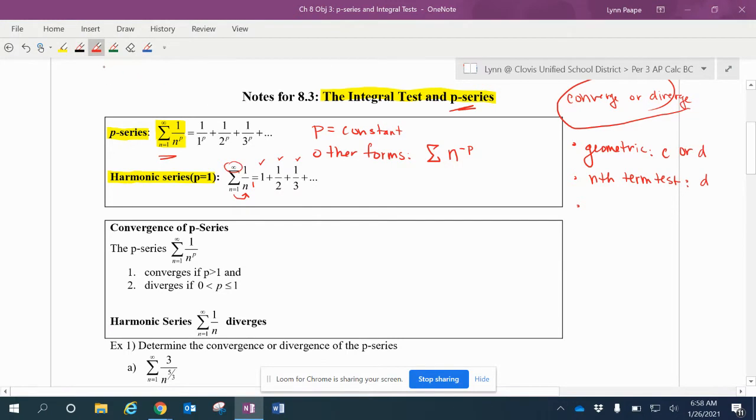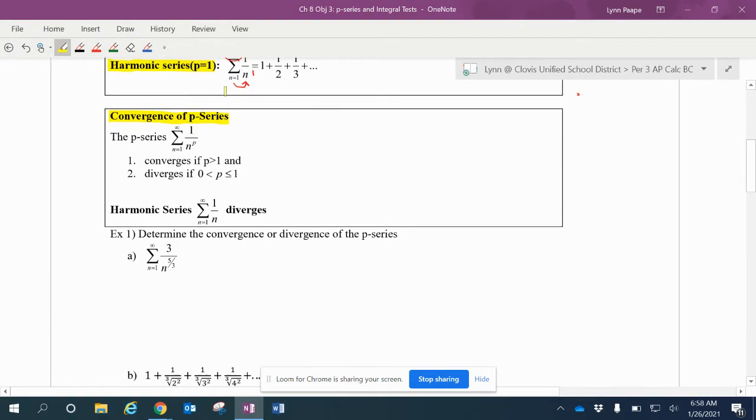So now that we know the p-series, when will it converge? When will it diverge? What are the rules for the convergence of a p-series? The rules say that it will converge if your power is greater than 1, and it will diverge if your power is between 0 and 1. If it is a negative power, it will automatically diverge, but it's not a p-series.